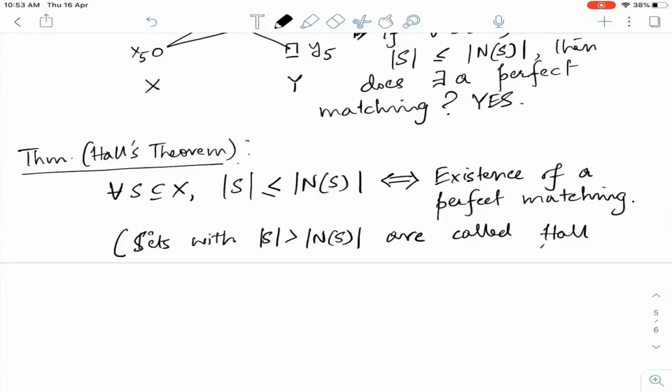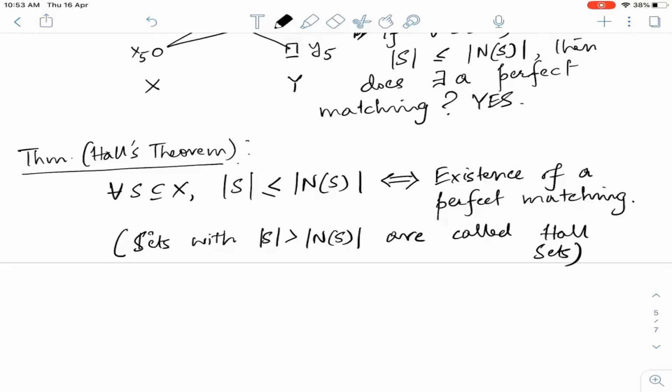Okay, so now what we'll do is we will see how the max flow equals min cut theorem essentially implies Hall's theorem. When Hall proved this theorem, he did not have the tool of flows and cuts. Flows and cuts were discovered much later. So there is a different proof of this theorem. One side is pretty straightforward. If there is a perfect matching, then clearly this statement has to hold.